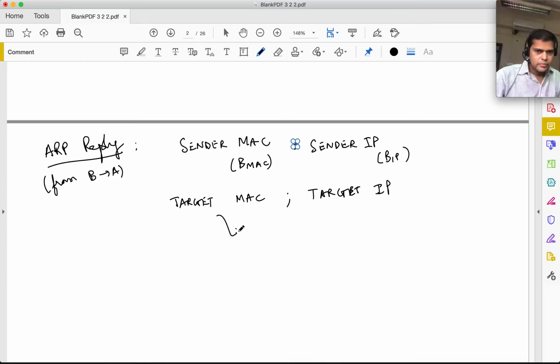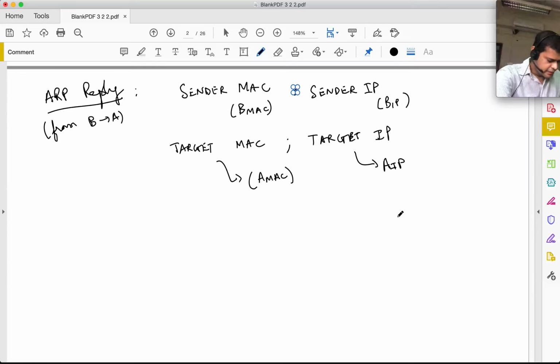So what is it going to put in here? It's going to put A's MAC, and this is A's IP. Okay. So this is what it sends back, and this is going to be sent out as a unicast.